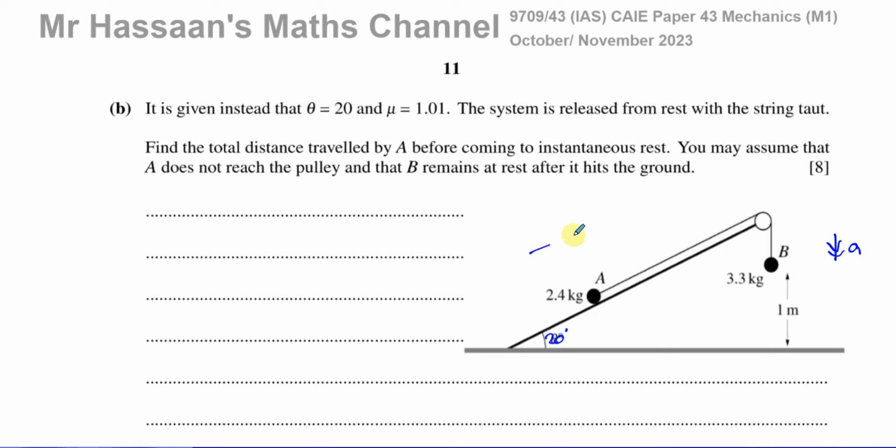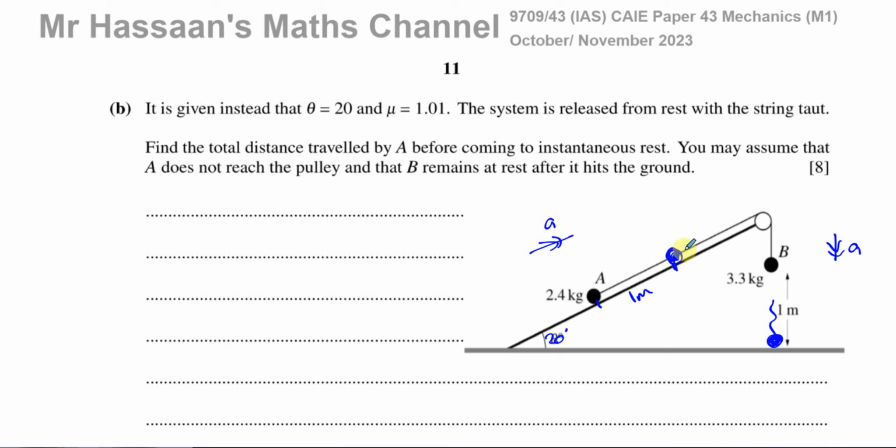So first, this is going to travel 1 meter up. It's going to travel 1 meter up, but then we'll have a new situation where the tension in the string will be gone, because when this hits the ground, the string won't have any more tension in it. So this particle after 1 meter is going to just travel up the plane, and it's going to decelerate because the only forces acting on it would be the friction and the component of its weight down the plane.